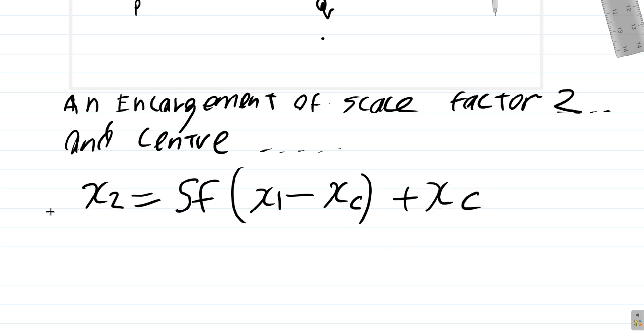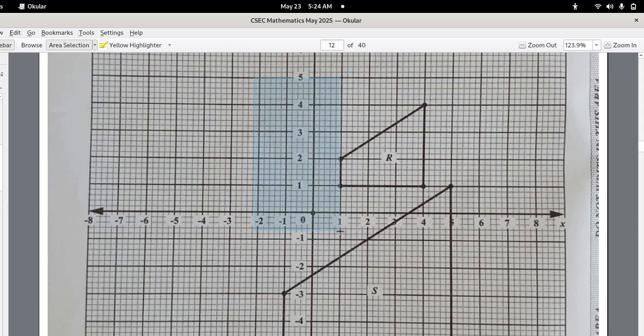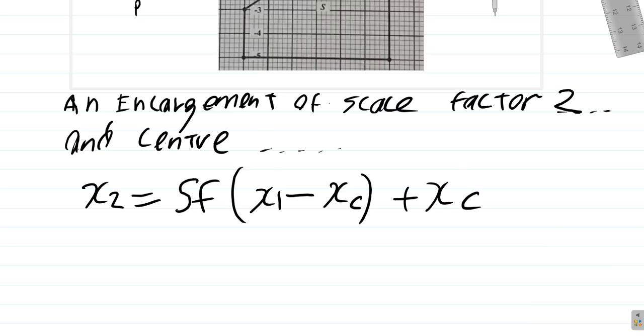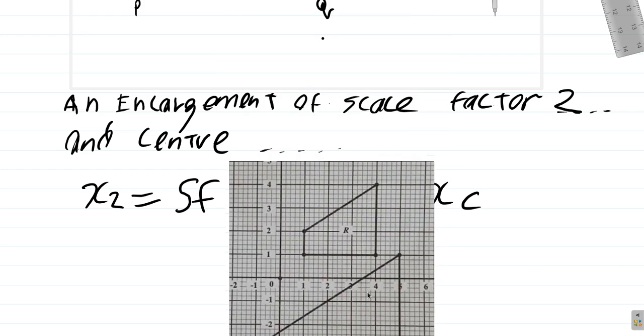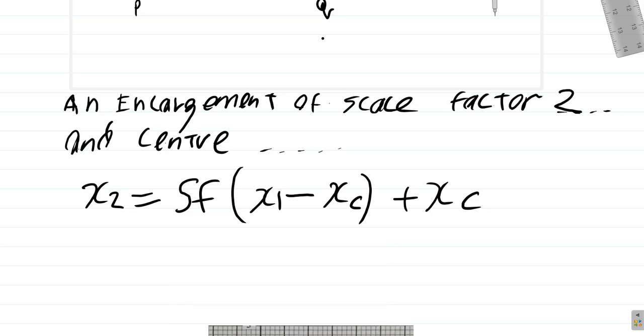So what happened here? And by the way, let me just copy this part of the graph and paste it over here instead of switching back and forth between the diagrams. Alright, so we have our graph here.